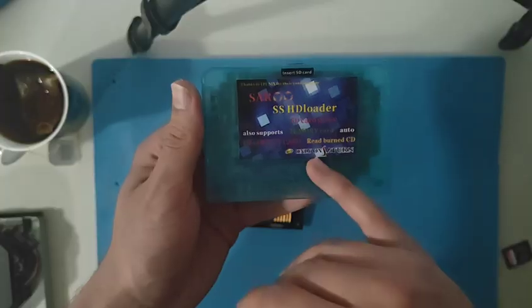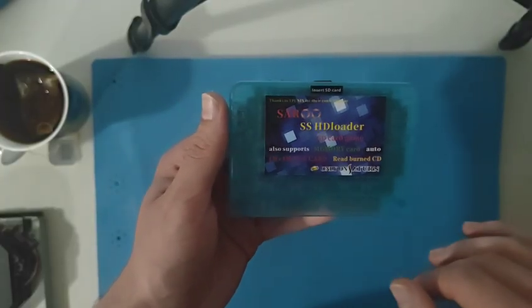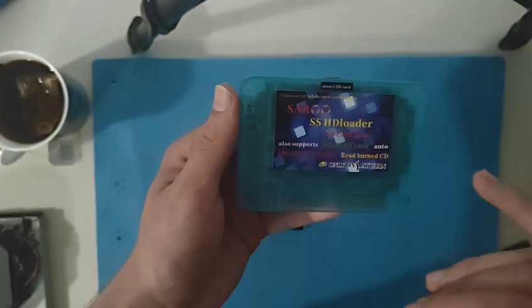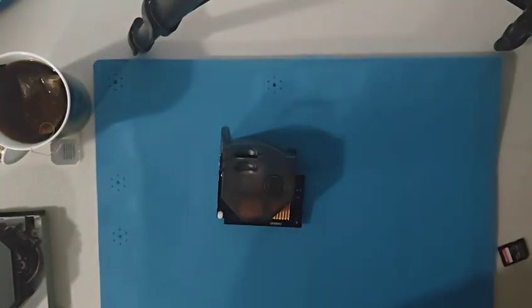Load times are much faster with a flash cart, or an ODE, than they would be with traditional optical media.